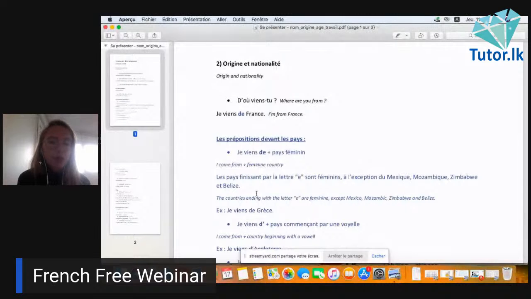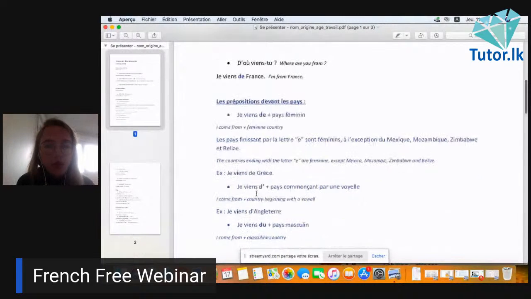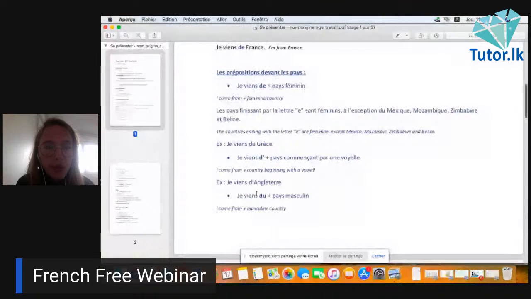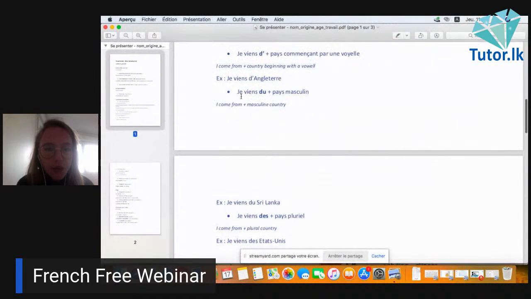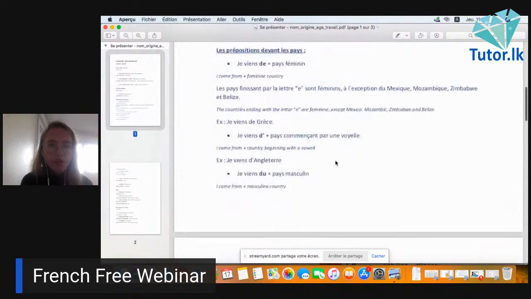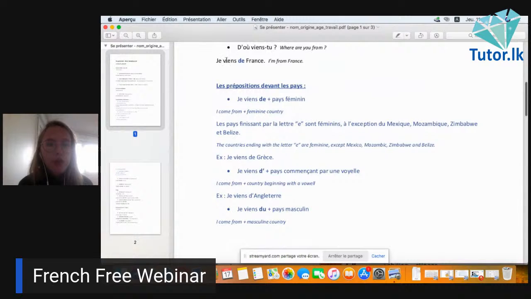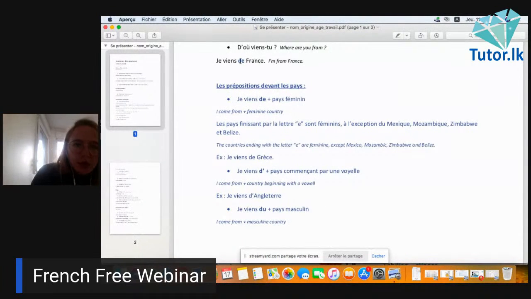I'm from France. So here I just wrote a small rule, for example, for Sri Lankan people, you have to be careful of the gender of the country. So you would say je viens du Sri Lanka, which is different from the French country, which is the preposition de, because France, as it's written here, is a feminine country.